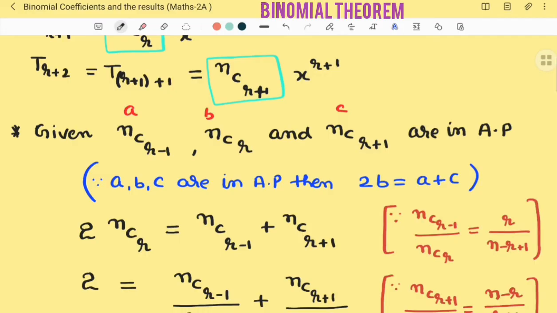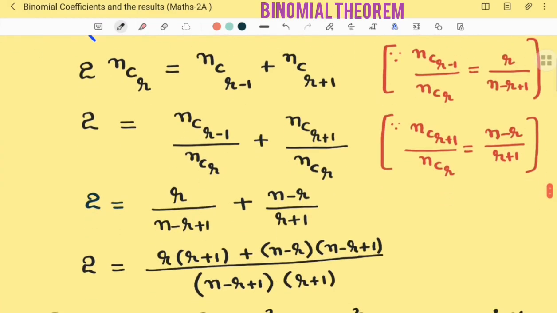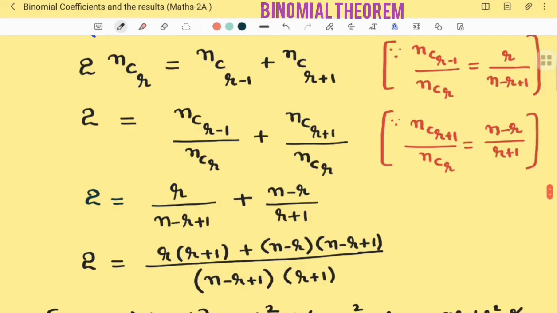We know that if A, B, C are in AP, we get the condition as 2B equal to A plus C. So A is equal to nCr minus 1, B is equal to nCr, C is equal to nCr plus 1. These values: so 2 times nCr equal to nCr minus 1 plus nCr plus 1. So dividing on both sides by nCr, 2 equal to nCr minus 1 by nCr plus nCr plus 1 by nCr.